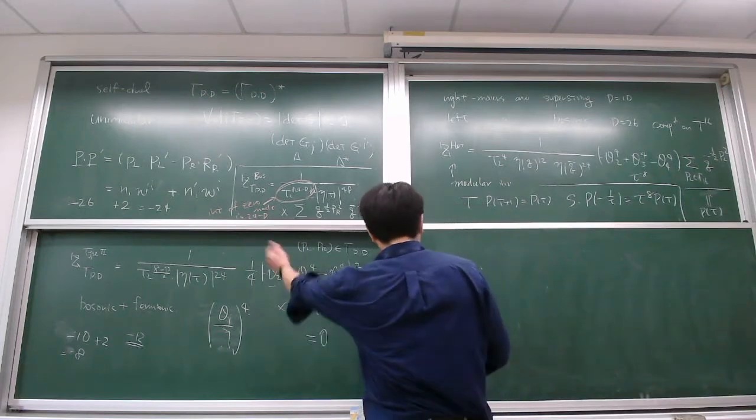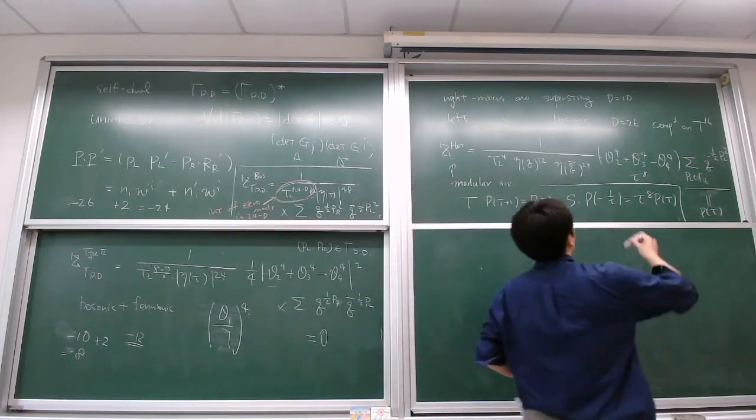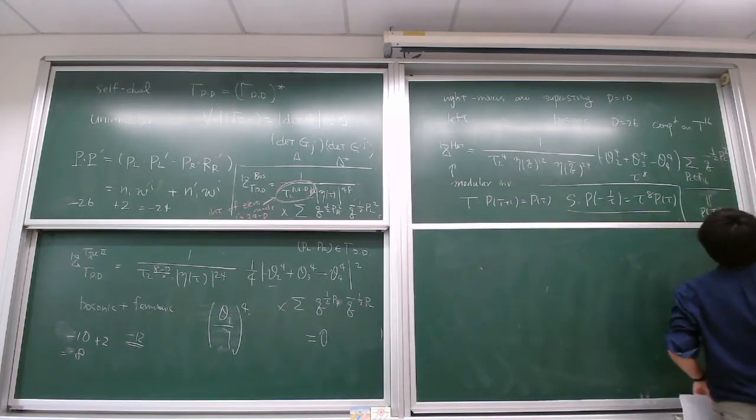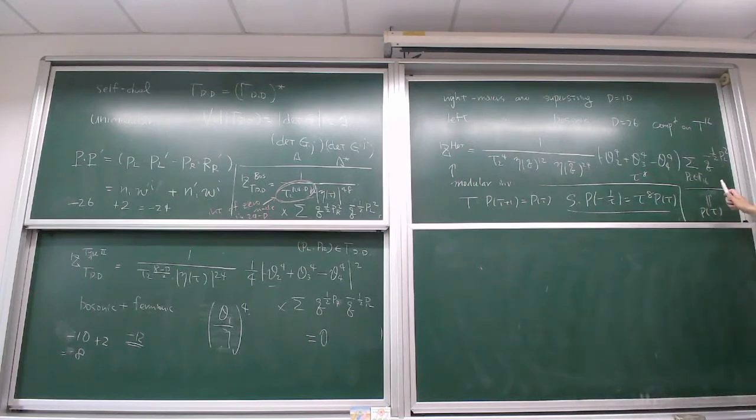So we want this property. We need to adjust the lattice in such a way that this P of tau satisfies this modular property.